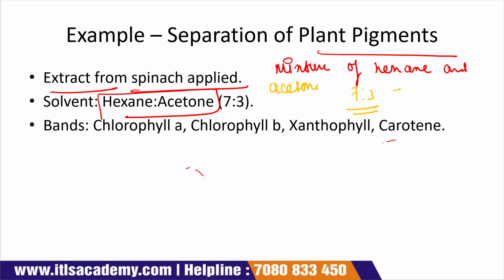It means that if we take 7 ml of hexane, then we take 3 ml of acetone. Bands: chlorophyll A, chlorophyll B, xanthophyll, and carotene. So we get four bands from that mixture.